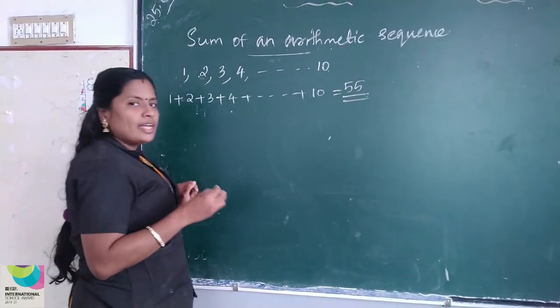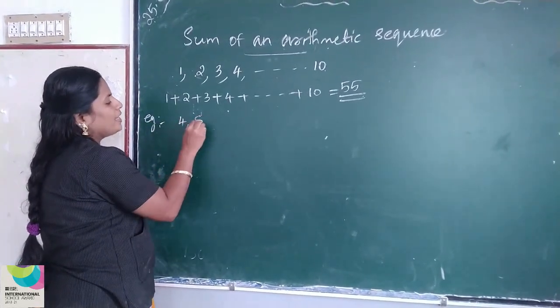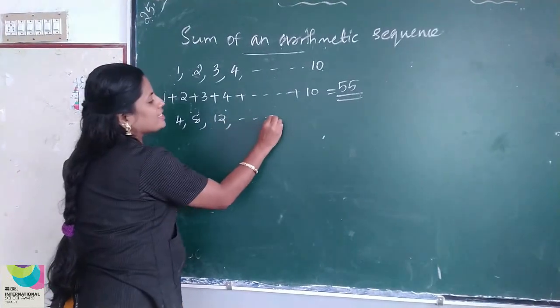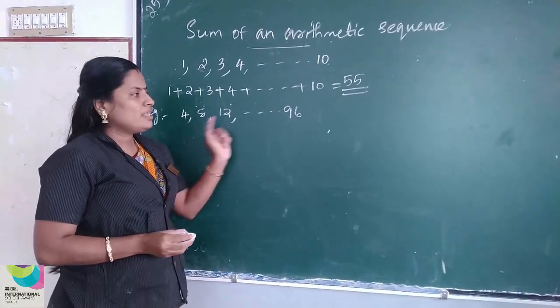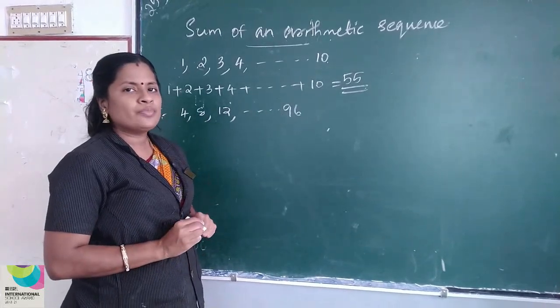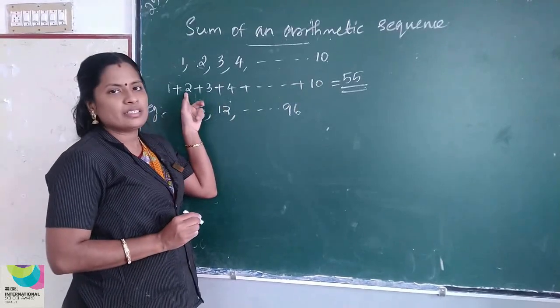Okay, I will give you another example. 4, 8, 12, etc. up to 96 is an arithmetic sequence. How can we find out the sum? It is difficult to find the sum like this.